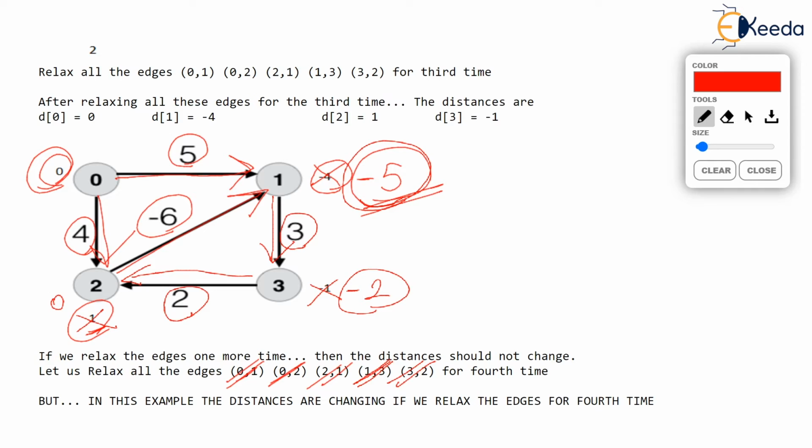That means the distances are changing even after relaxing all the edges v minus 1 times. If we continue, the distances are changing. Then Bellman Ford algorithm announces that the graph has a negative weight cycle and we cannot find shortest distance.